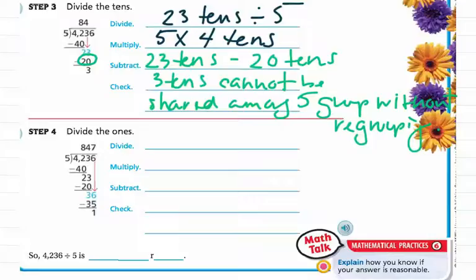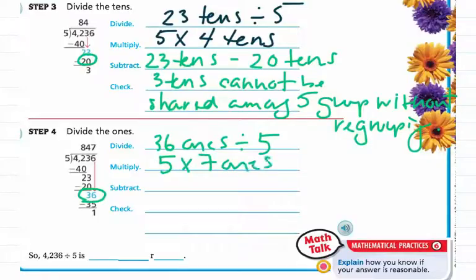So now, lastly, we're going to divide the ones. So now we have 36 ones divided by 5, and we get 7 ones. 5 times 7 ones equals 35.